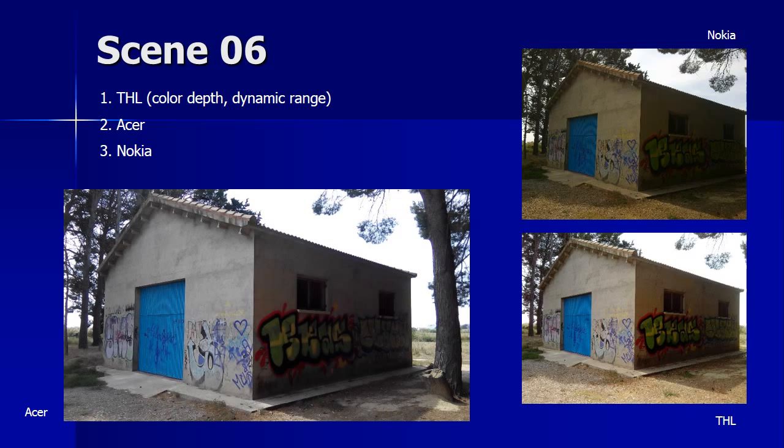And here the result from the THL was simply the best. You see more detail in the shadowy side of this little barn, on the right here, in the lower corner. The Nokia and the Acer are okay, but I thought the THL was just better.